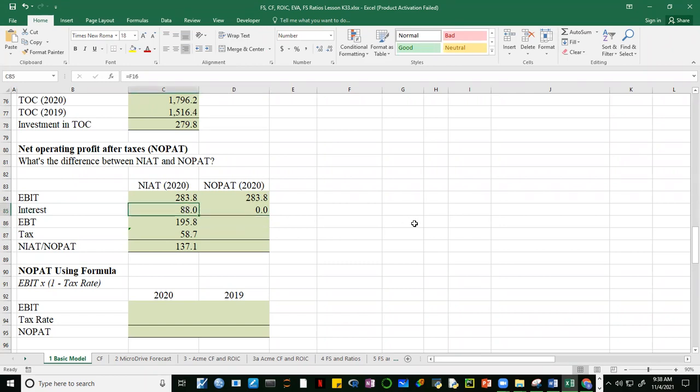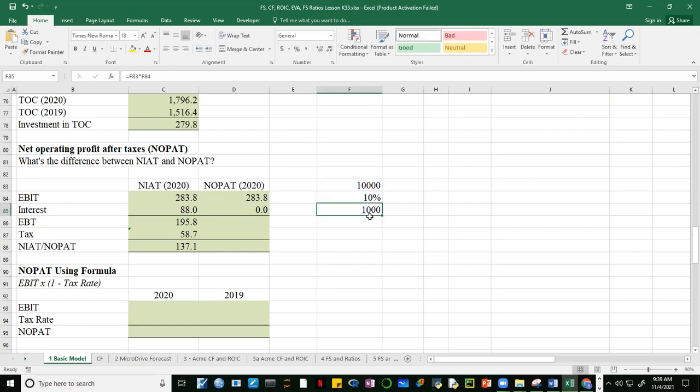For example, guys, let's assume that finance borrowed 10,000 million, so that's 10 billion, at an interest of 10%. So the interest is equal to 1,000.